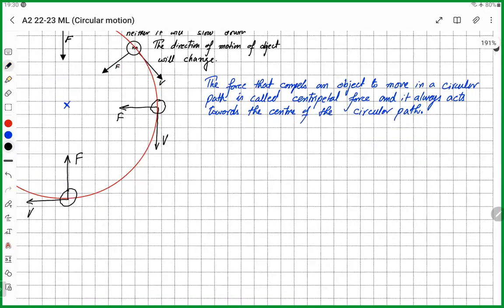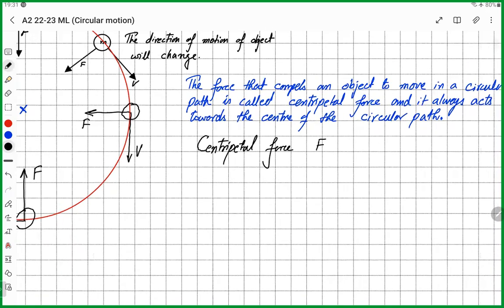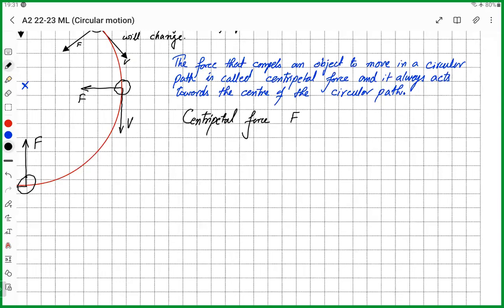Now, centripetal force, F. Is it easy to make a heavy object turn, or is it easy to make a light object turn?